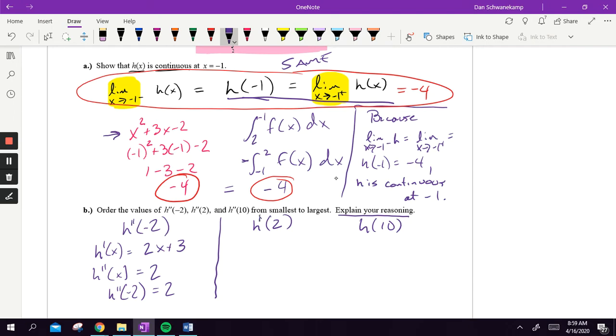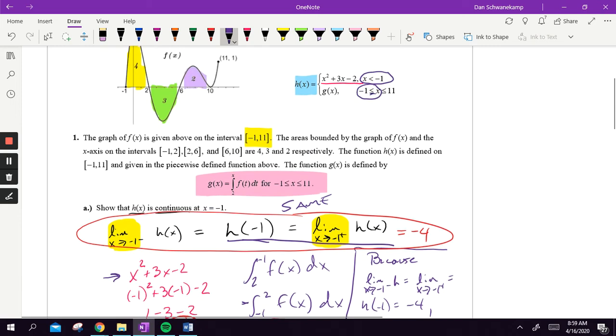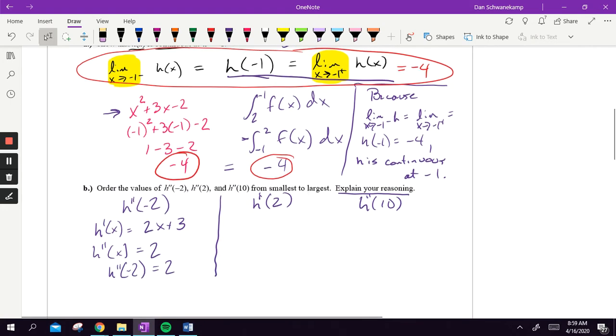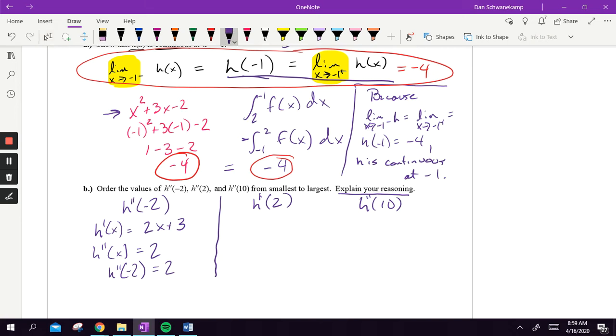Then we're going to find H double prime at 2. If I'm finding H double prime at 2, I'm landing in this world. I'm looking for the second derivative. So this is G. It looks like this. If I want to find G prime, it would just be F. If I'm looking at the second derivative on this one, it would be G double prime at 2.